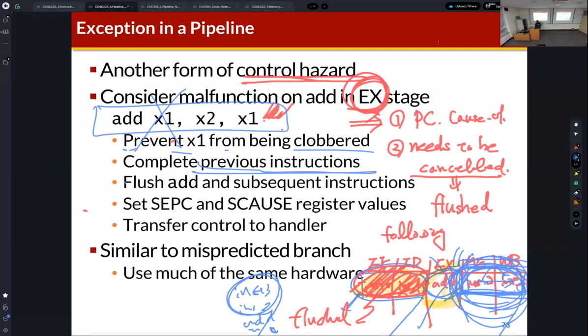And flush the add and the following instructions. And then the PC and cause register values: the PC and cause of these exceptions are stored in the registers, and the handler is called. So this information is reported to the operating system.